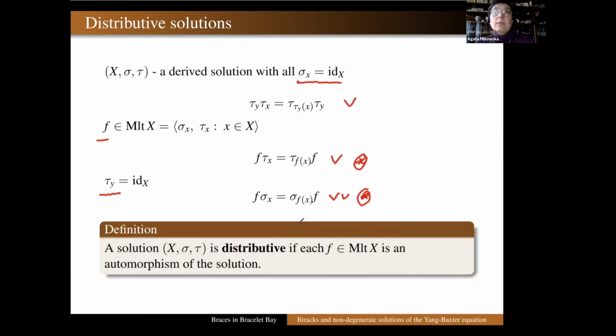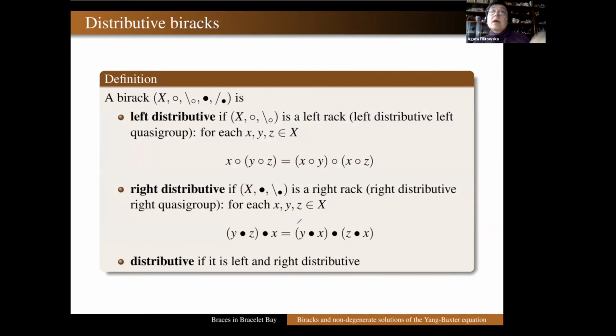What can we say about the Birack which corresponds to distributive solutions? Of course, such a structure must inherit some properties of a distributive solution, and we will call a Birack left distributive if its left quasigroup is in fact a left rack.